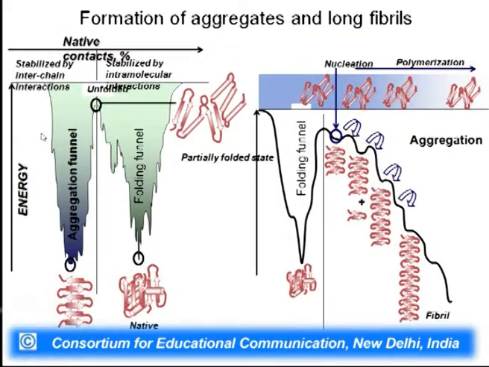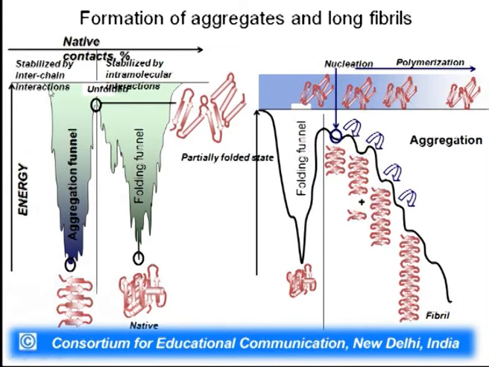So, these are the two funnels that we will see. What happens when there is accumulation of aggregates or when there is misfolding occurring. Looking at the first funnel, you will see that it is how we usually see our protein, which follows this funnel and attains the native state from an unfolded state, emerging with more and more native-like contacts and getting to the local minima which is the native state.